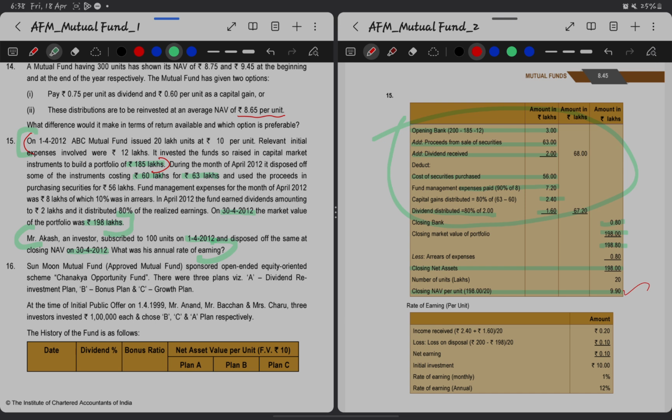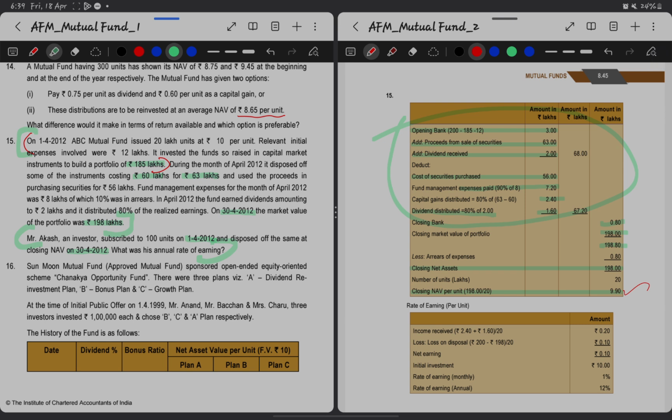That's what is asked. So if you see in the above question, we can see the dividend was distributed. The dividend was distributed amounting to 80%. So 2.4 is what it is distributed to the investors. Who? Investor Mr. Akash.